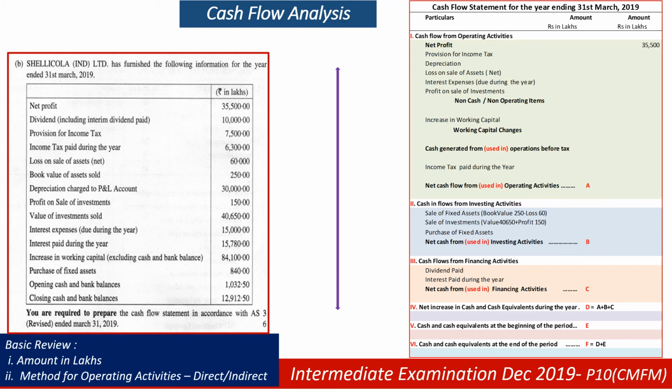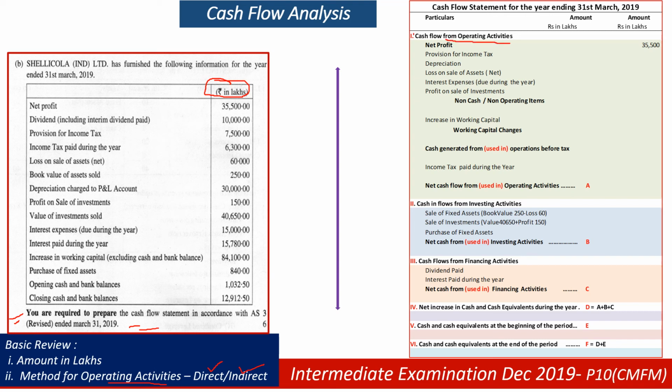Here the amount is in rupees lakhs, but there are no adjustments indicated in terms of any additional values. Method of operating cash flow calculation can be direct or indirect, but nothing specific is mentioned in the statement. Hence, we can go with our standard format of indirect approach for cash flow from operating activities.